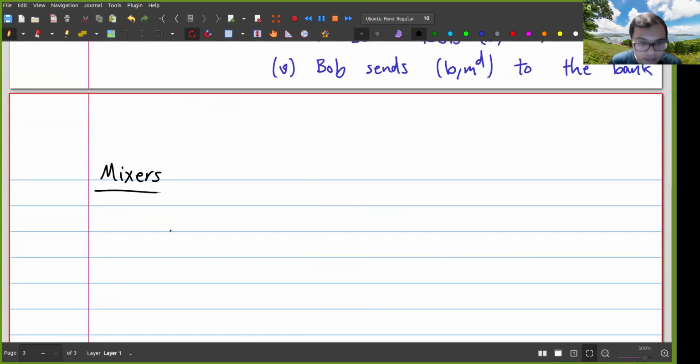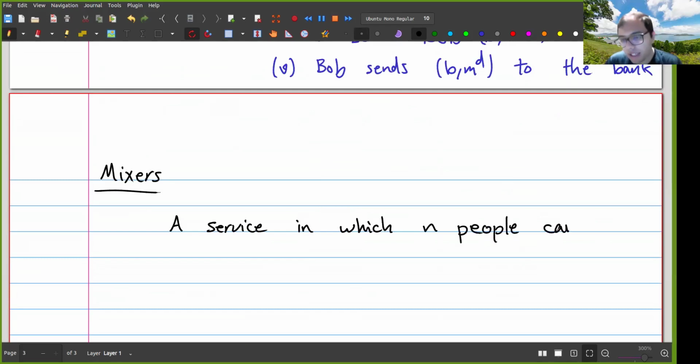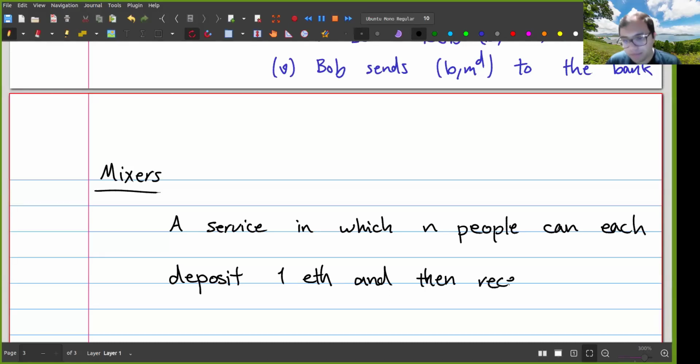So a mixer is a service in which, let's say, n people can each deposit the same amount of money. Deposit, let's say, 1 Ether in this case, and then receive it in new accounts.